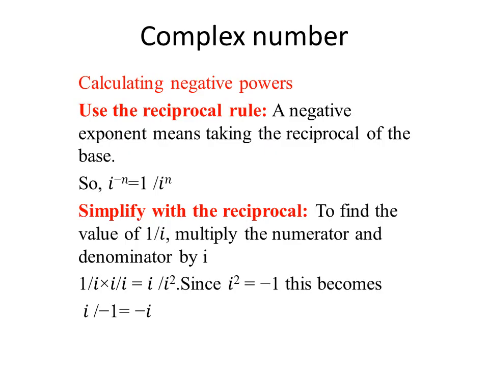Simplifying with the reciprocal means to find the value of 1 by i, we multiply the numerator and denominator by i: 1 by i into i by i, that is i by i². Since i² is equal to -1, this becomes i by -1, that is -i.